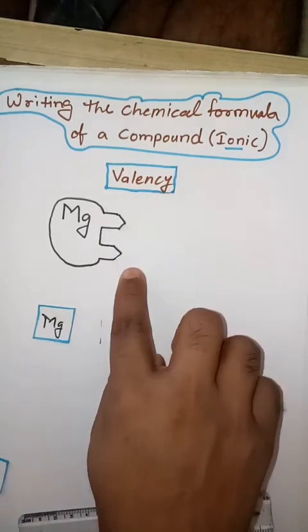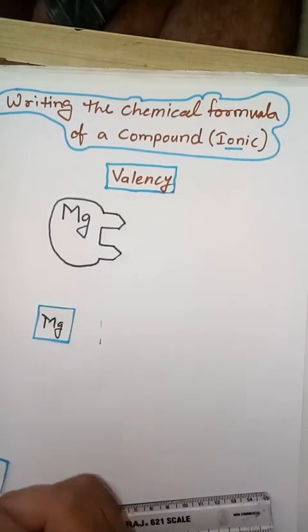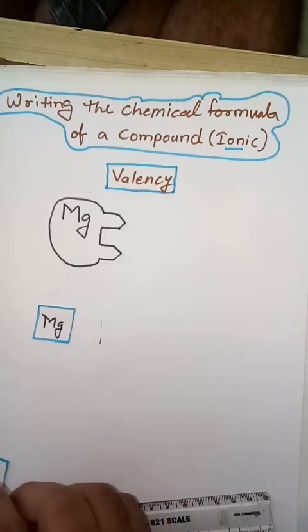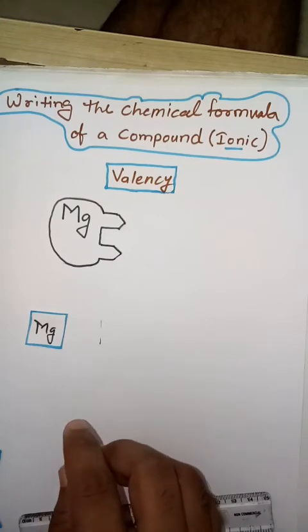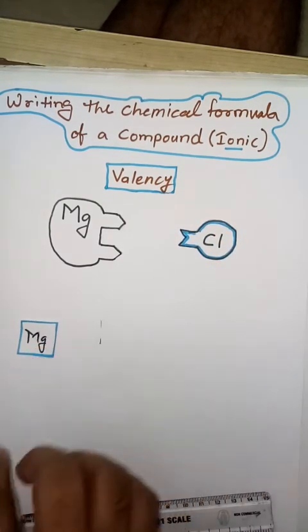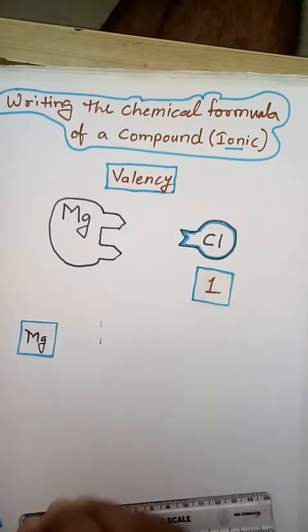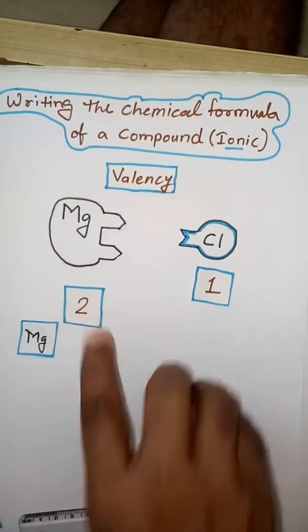These two arrows show that its valency is 2. To satisfy the magnesium, what I need here is chlorine. But chlorine valency is 1, as you can see, while the magnesium's valency is 2.